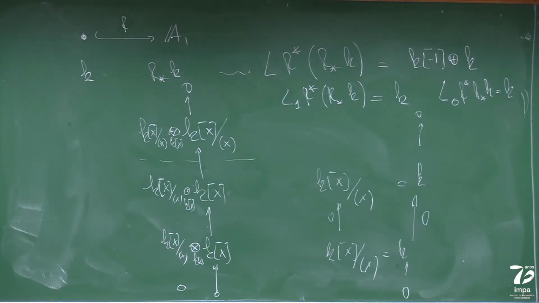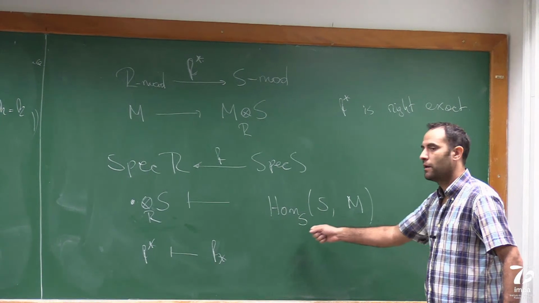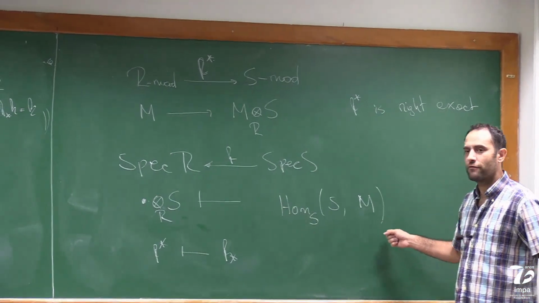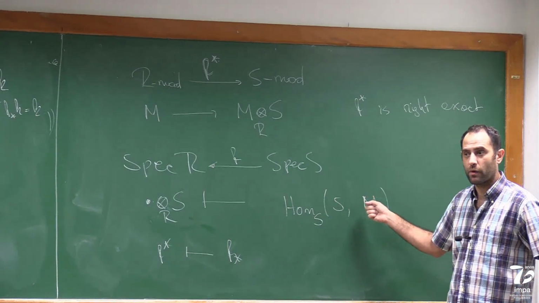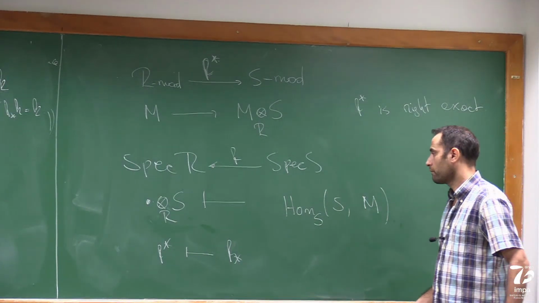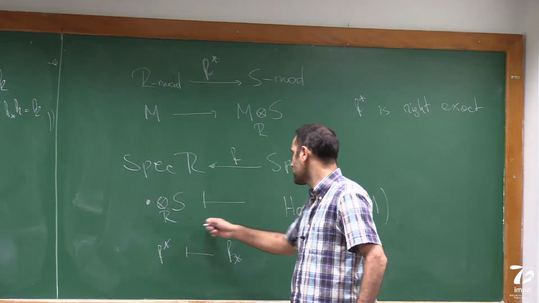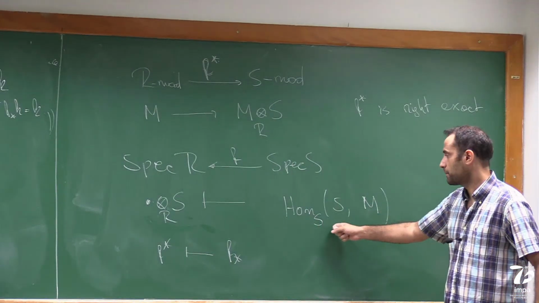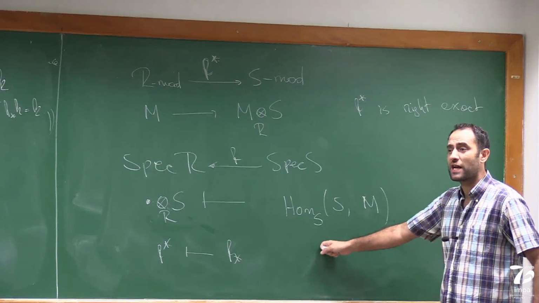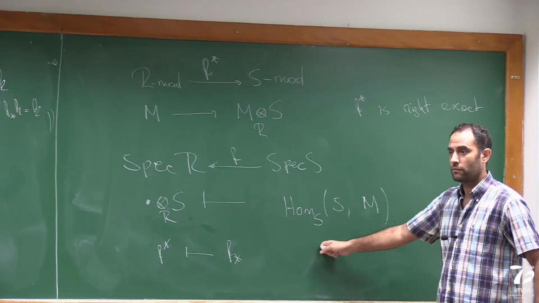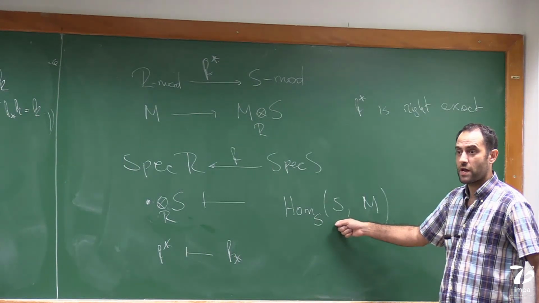But before I remove this, I want to notice something that is happening now in the affine setting. This functor here, at the level of modules, is it exact or not? This S is a projective S module. It's a free S module.